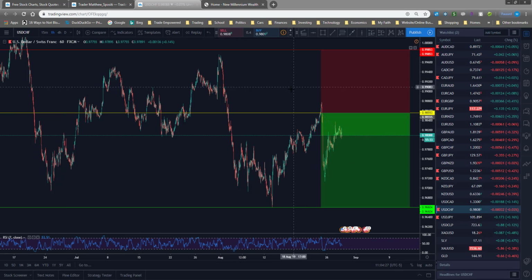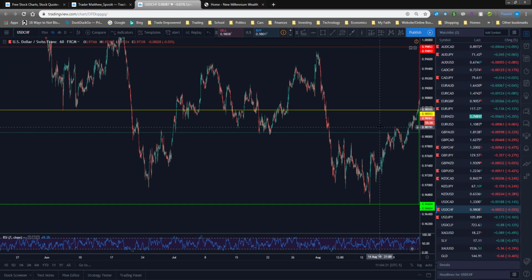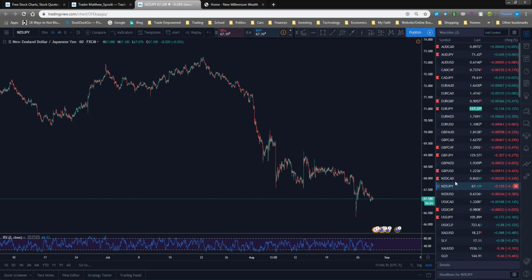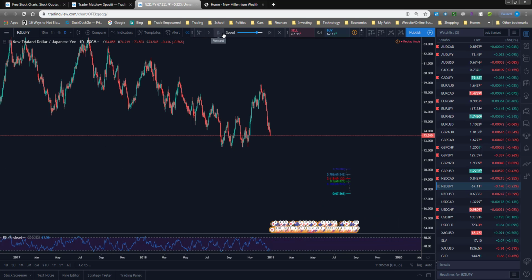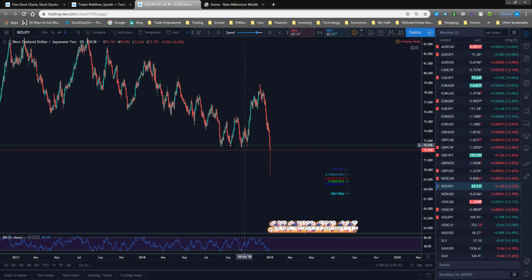So how I would honestly handle it is, if we were seeing this come up here, let's go ahead and find a pattern that we could consider here. All right, so we're going to go ahead and move forward. Okay, so we broke below this structure low right here.